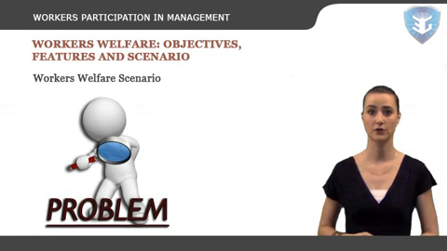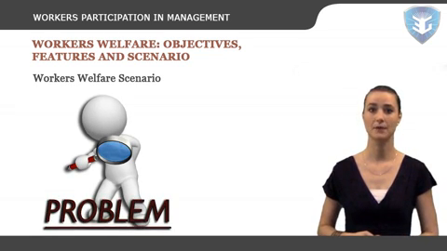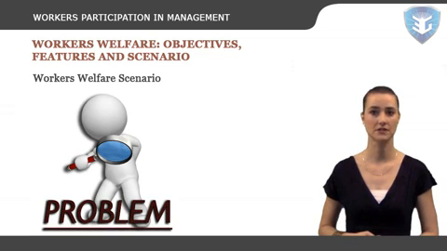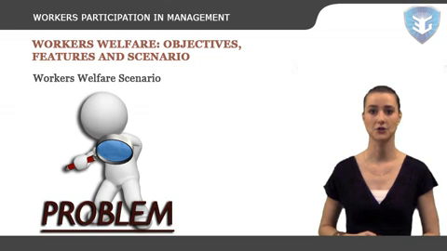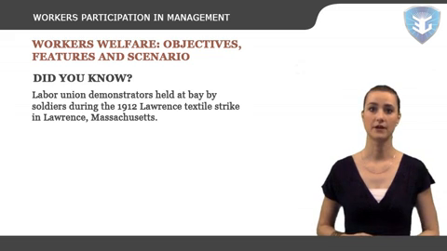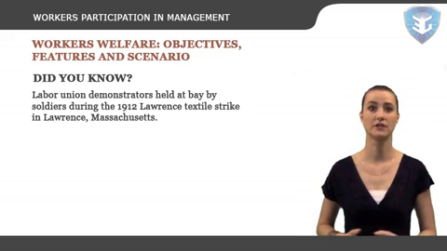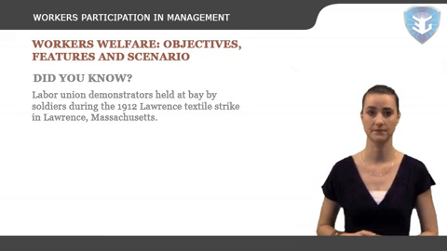Circularizing the British clergy, a large number of whom at one time professed labor sympathies and showed some interest in the welfare of the masses. Securing and sending financial and other help to workers during labor troubles. Did you know? Labor union demonstrators held at bay by soldiers during the 1912 Lawrence textile strike in Lawrence, Massachusetts.